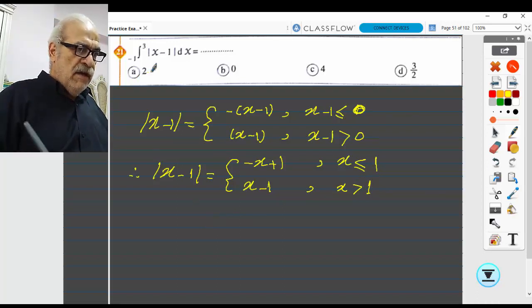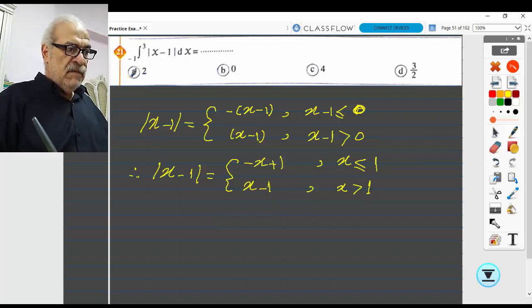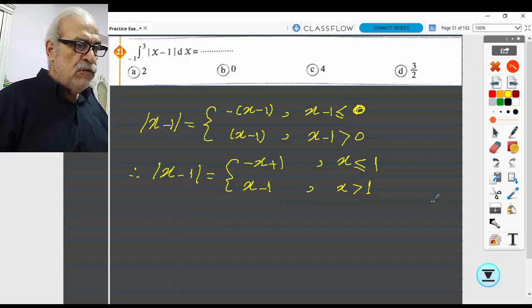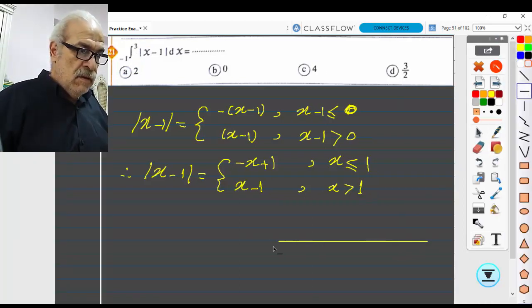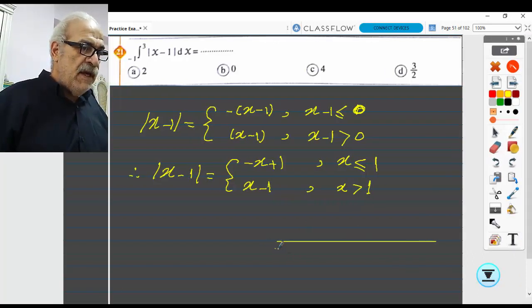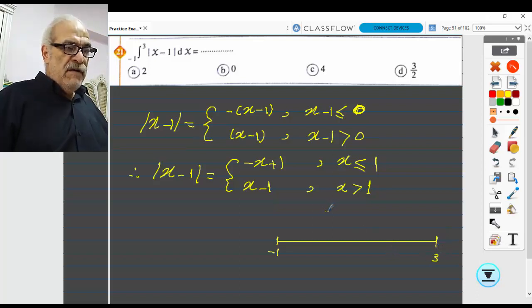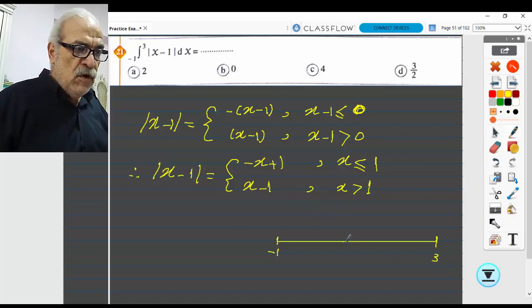So here we have the integration from negative 1 to 3. Actually we have two parts here. It is from negative 1 to 3, but we have a change in the definition of the function when x equals 1, right?